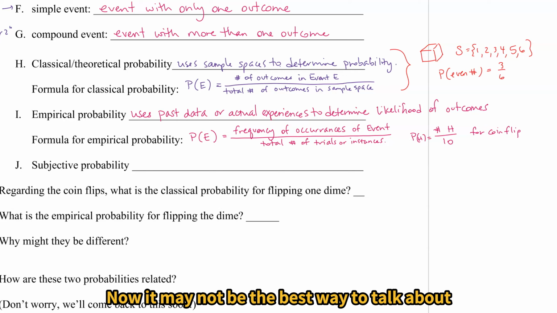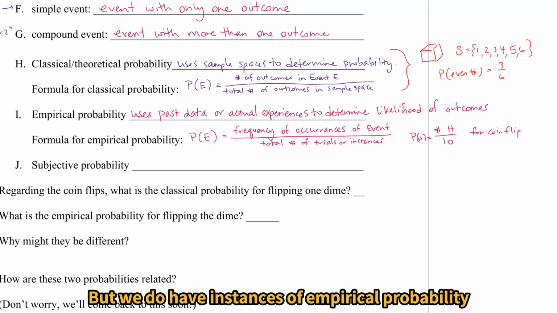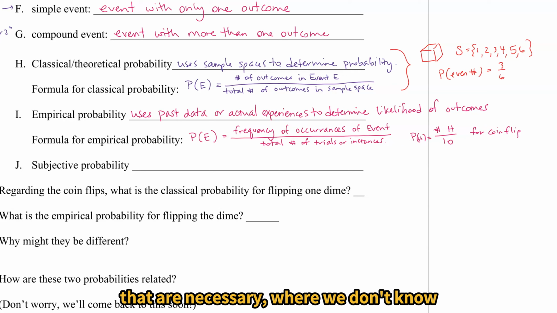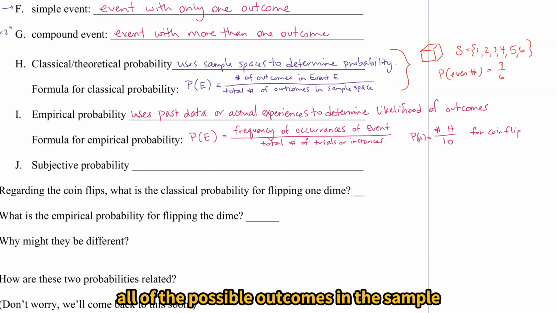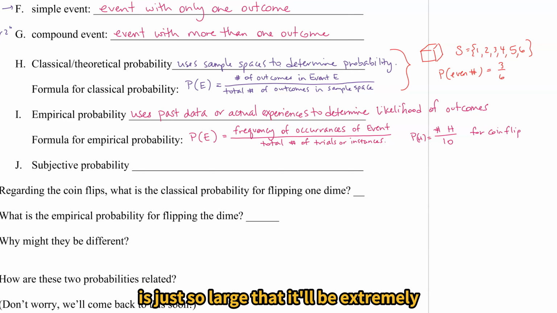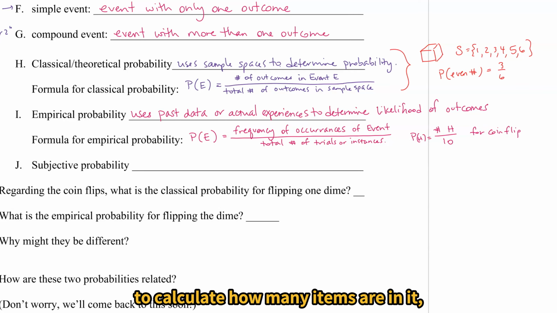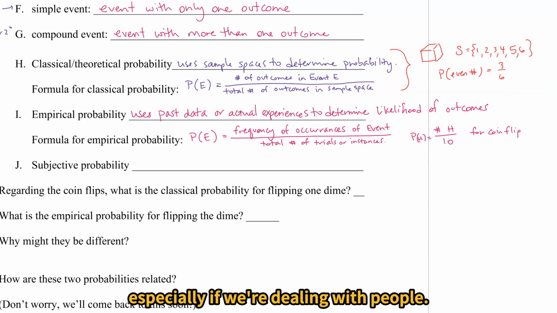Now, it may not be the best way to talk about probability for those types of experiments, but we do have instances of empirical probability that are necessary, where we don't know all of the possible outcomes in the sample space, or the sample space is just so large that it'll be extremely difficult to calculate how many items are in it, especially if we're dealing with people.